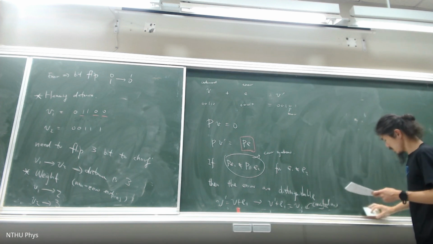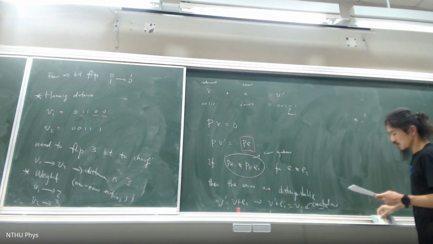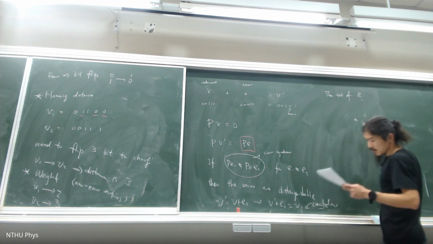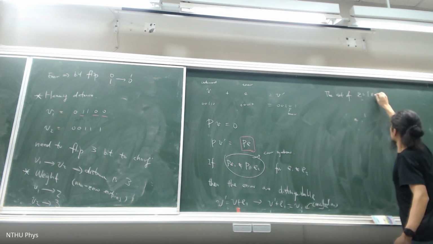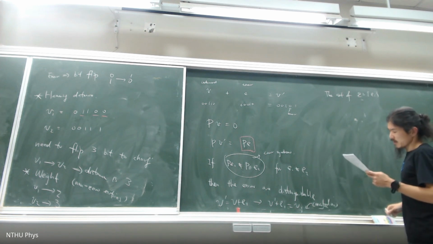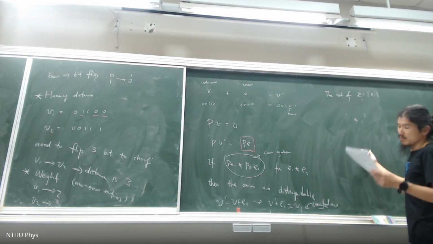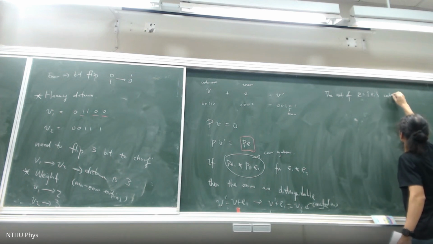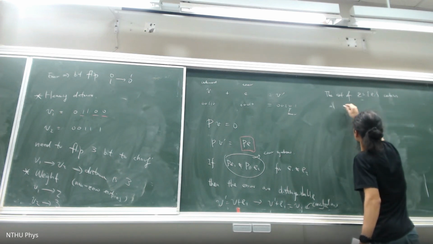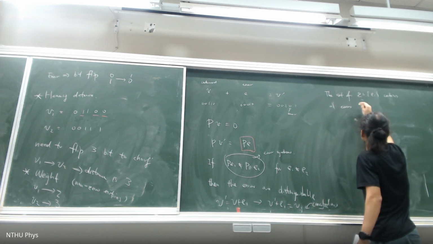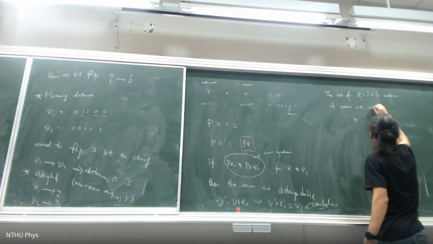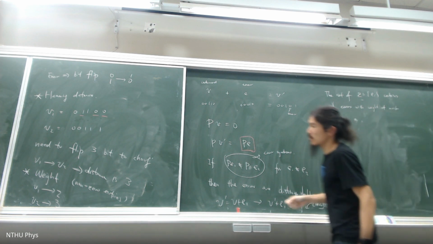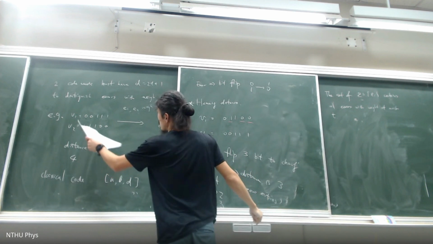Now we can consider a more general setup. Let's suppose the set of errors epsilon contains all errors with weight at most t, because I want to connect it to the definition of this distance.